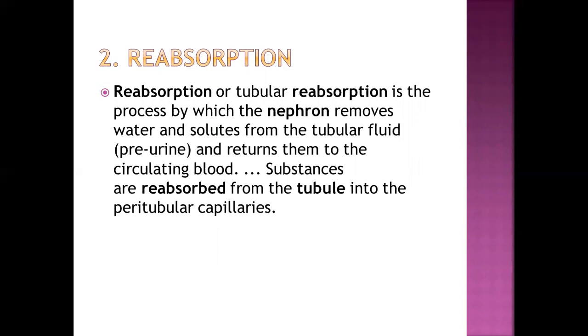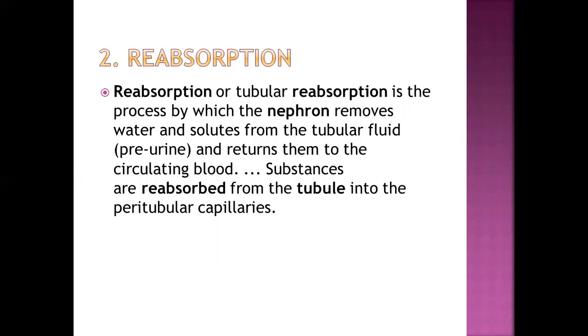So there is entry from the glomerulus and exit of important material through the peritubular capillaries. Here two types of functions will be performed, both at the loop of Henle.